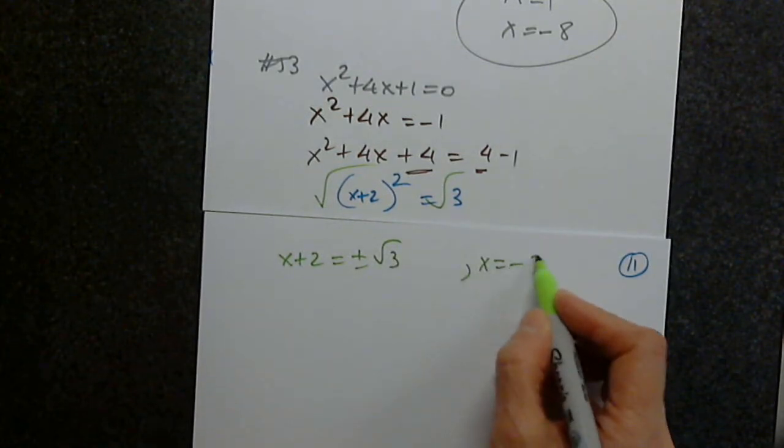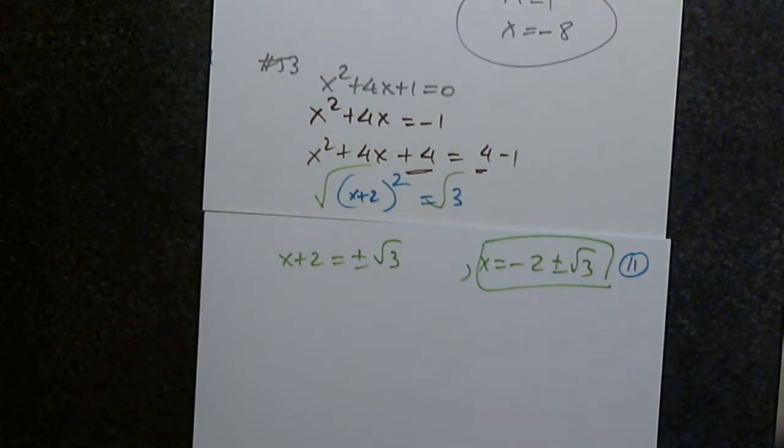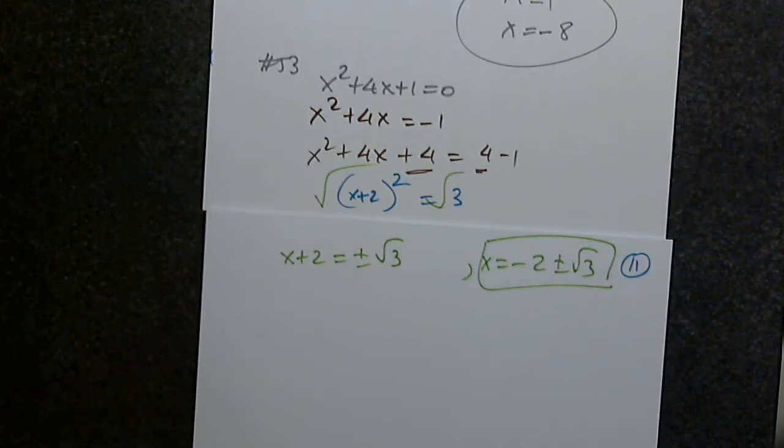So then x equals negative 2 plus or minus the square root of 3. There is no need to separate. However, my math lab may ask you to put a comma between the two because they may not have plus or minus. If they ask you to put a comma, then you separate them. But in this case, I don't need you to separate them. Any questions?